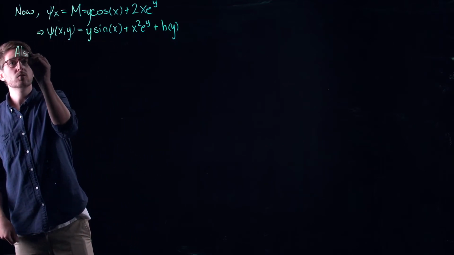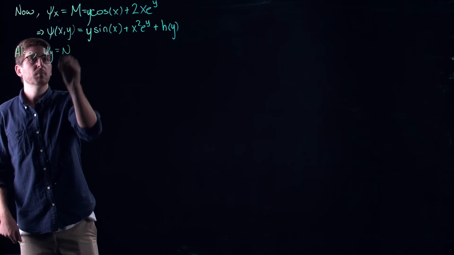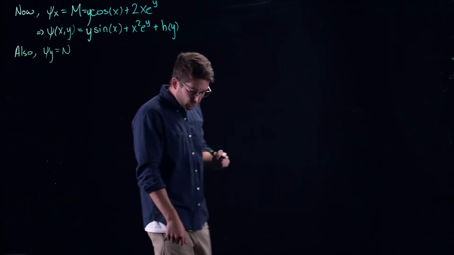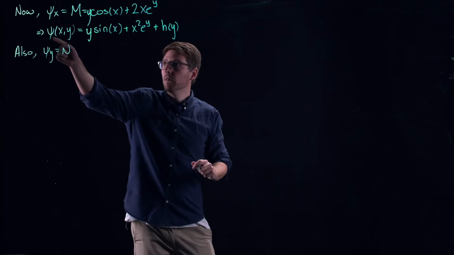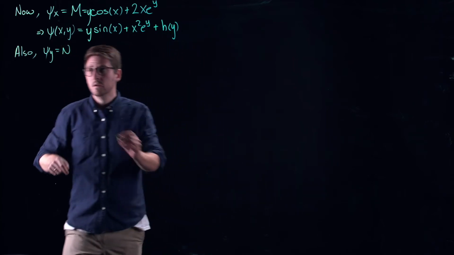Well, I've only used one piece of information so far. I also know that if I take a partial derivative with respect to y of my potential, then that has to be equal to n.